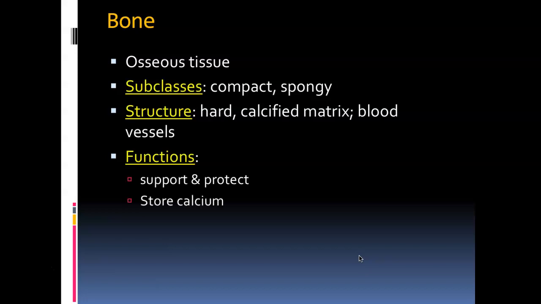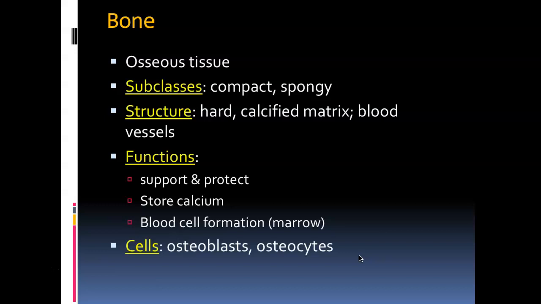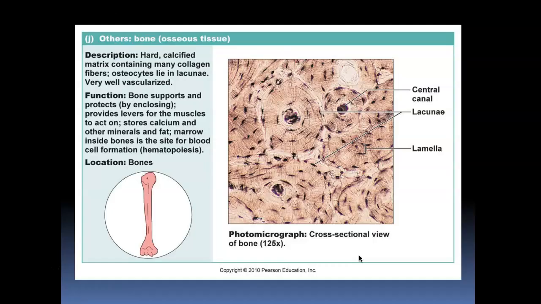Its function is for support and protection. It stores calcium. In bone marrow is where white blood cells are formed. And then the cells are called osteoblasts and osteocytes. And the location of bone is going to be in your bones. It's going to be easy to remember. And I think bone looks so cool under the microscope.